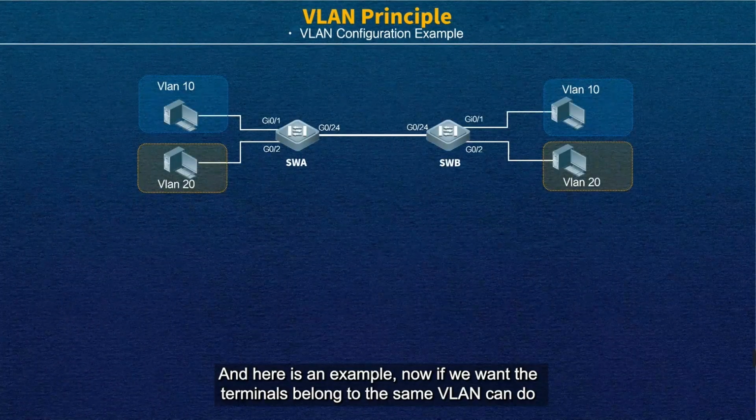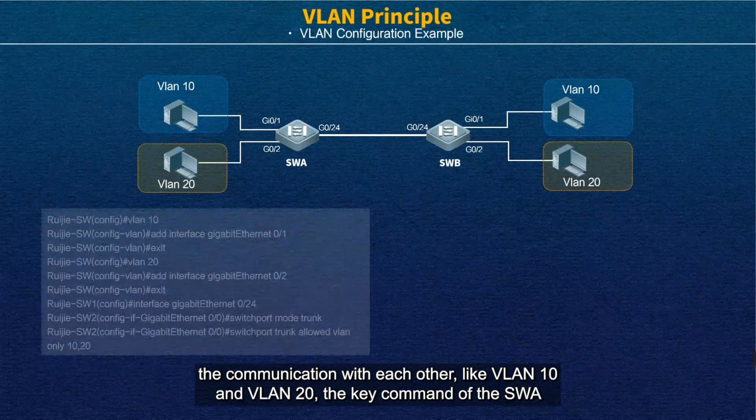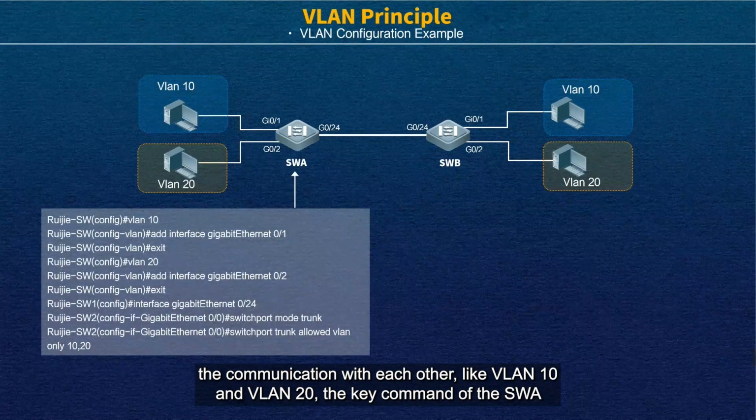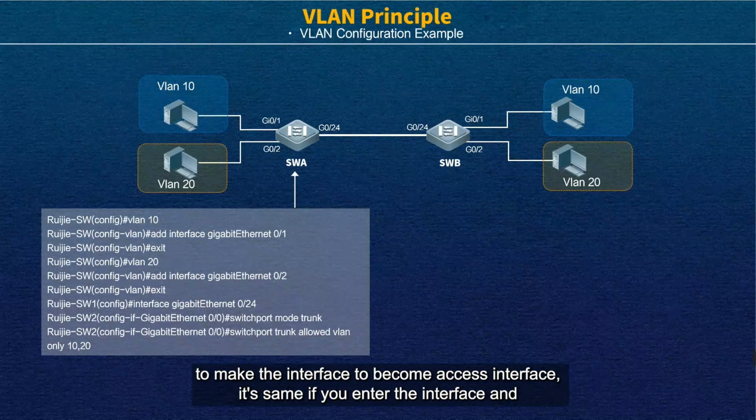And here is an example. Now we want the terminals that belong to the same VLAN, like VLAN 10 and VLAN 20, to communicate with each other. The key command on switch A is vlan 10, and add the interface GigabitEthernet 0/1. This is another way to make the interface an access interface.